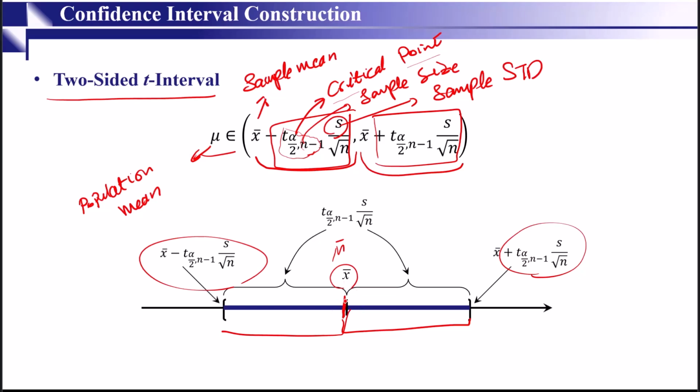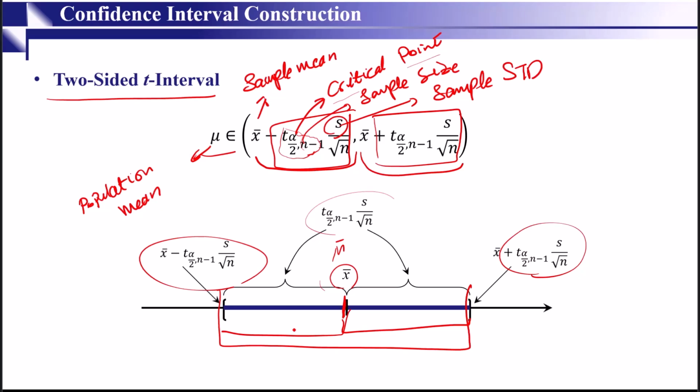And then it expands on either side by an amount equal to the critical point, t alpha by 2, n minus 1, multiplied by the standard deviation divided by the square root of n. So x bar plus this value, x bar minus this, and we say that mu, with for example 95% or 99%, falls in this interval, right?